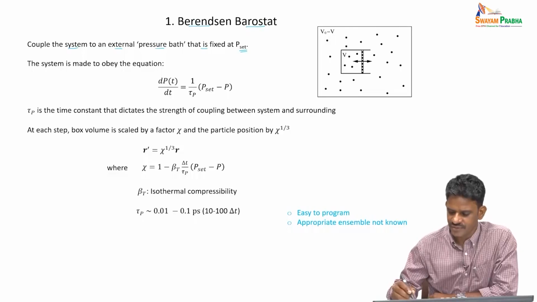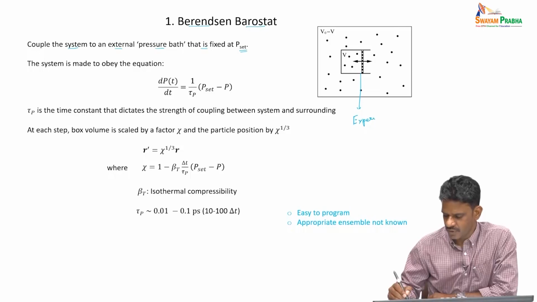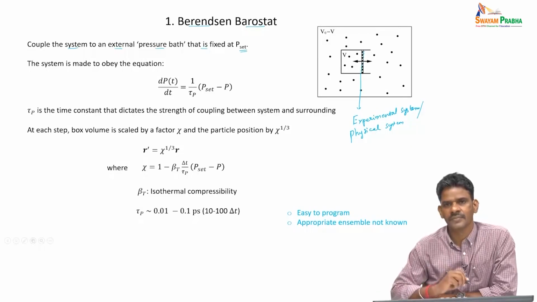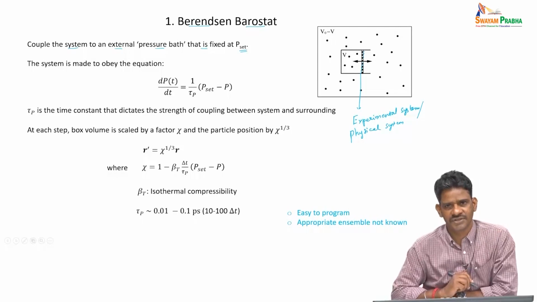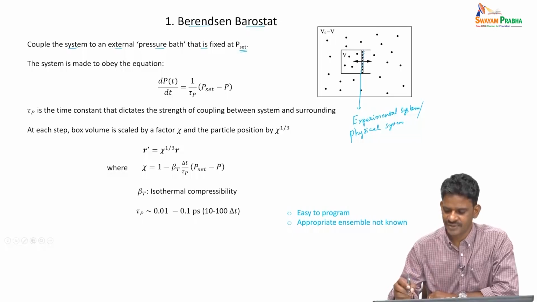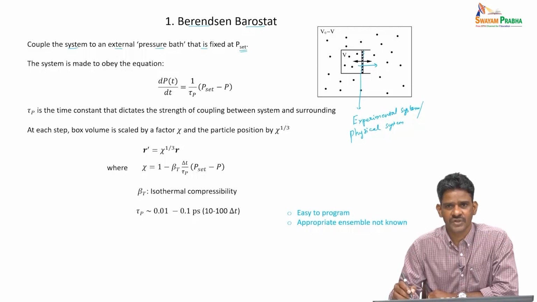You can imagine that this is your experimental or physical system, which has a movable piston here, and it is surrounded by a pressure bath. Whenever there are molecular collisions and molecular processes, this piston can move, so it can do work so that the volume gets adjusted and the pressure remains constant.